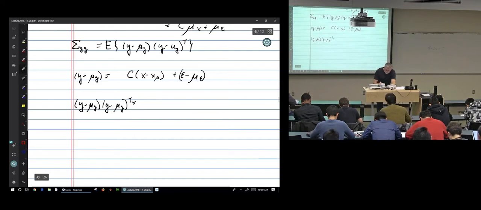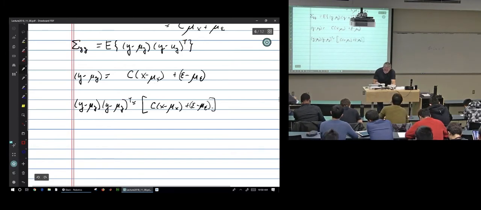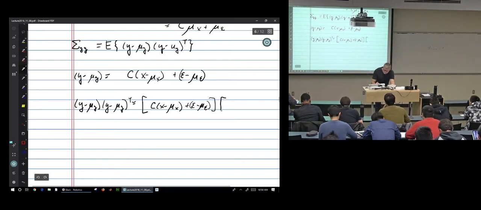That is equal to the vector c times x minus mu x plus epsilon minus mu epsilon, times that thing transposed. Okay?